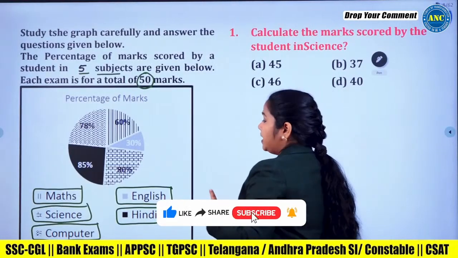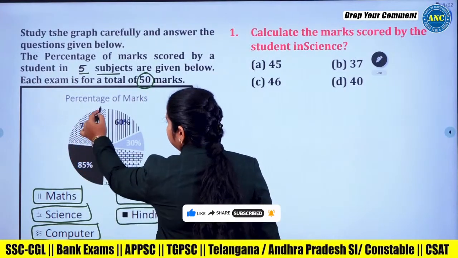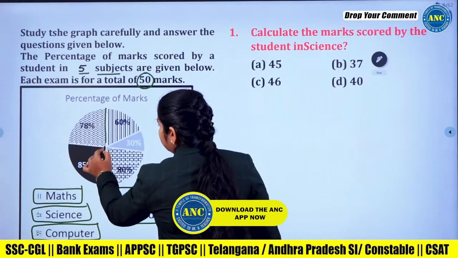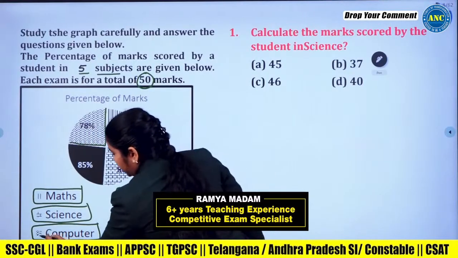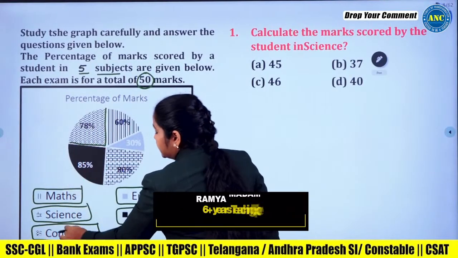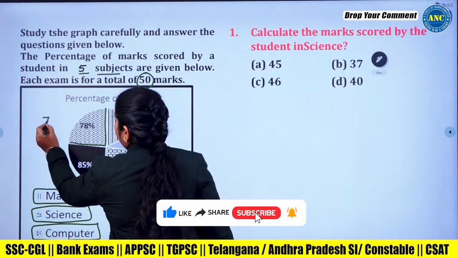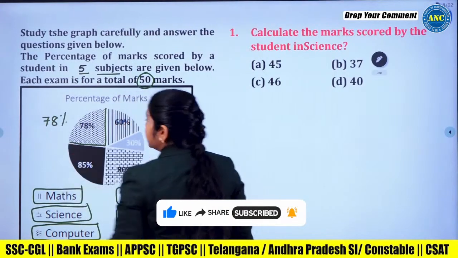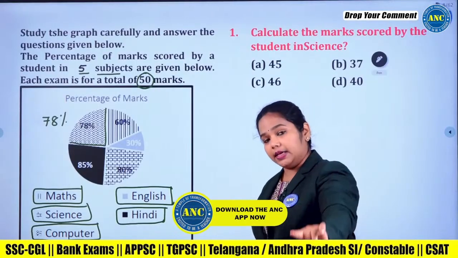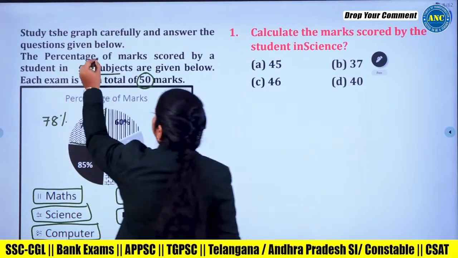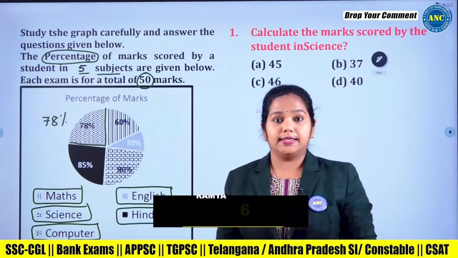Now let us go and see the percentage given. If you observe this portion, this is computers. You can see the symbol here. Computers is 78%. Always remember when you read the question, it is important to check whether the data is given in percentage or in degrees.